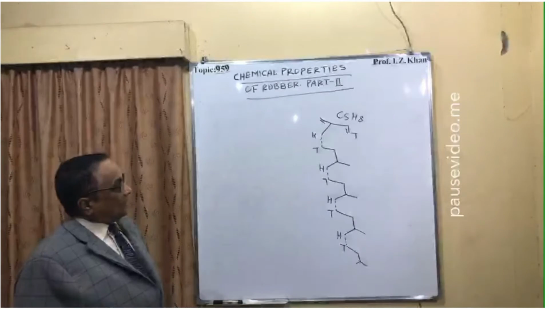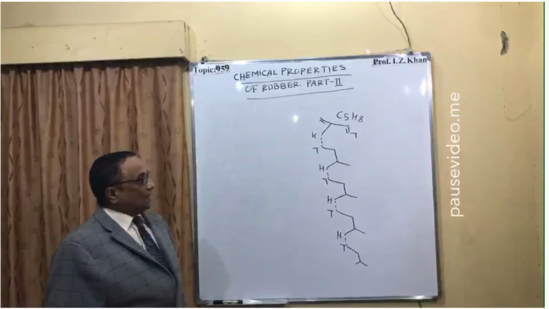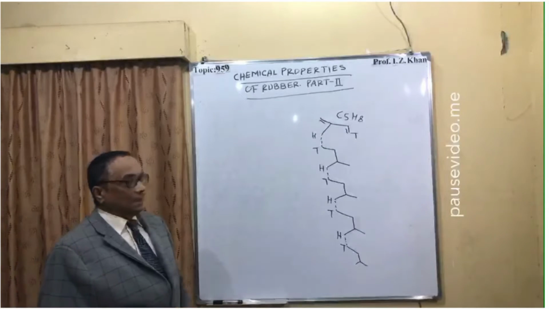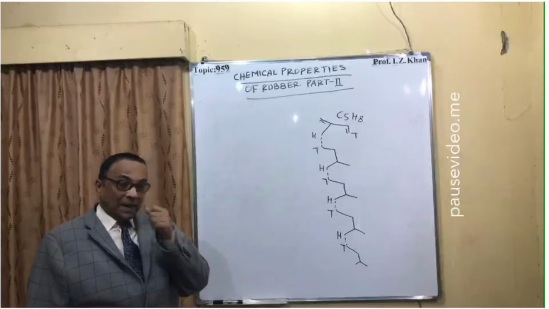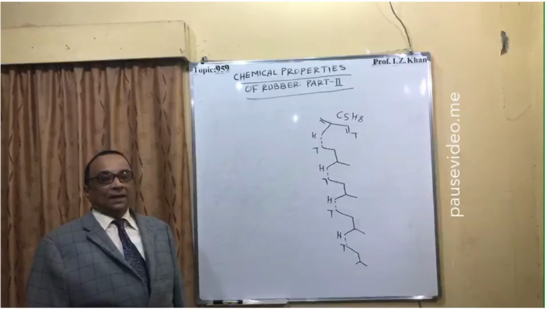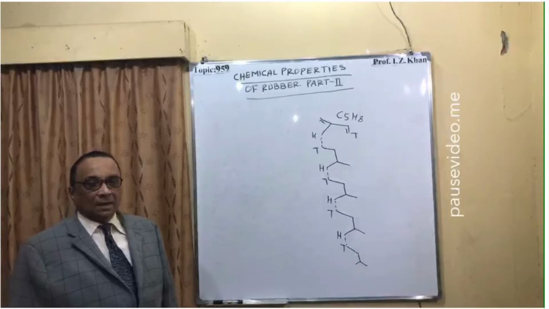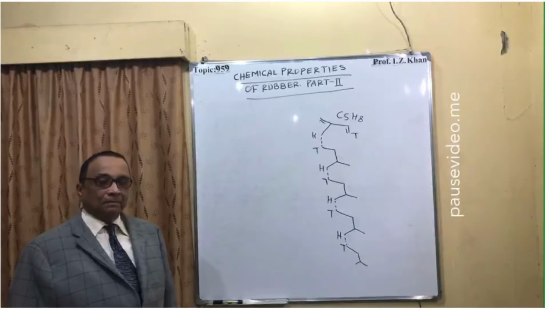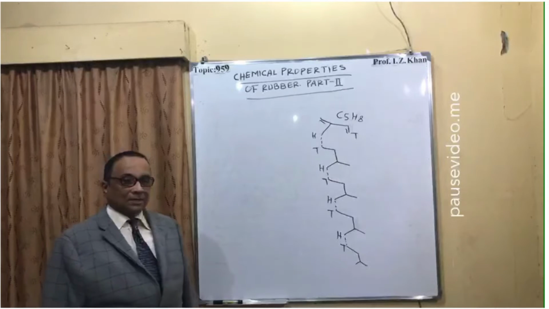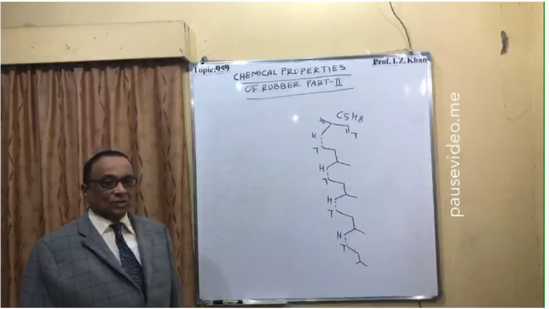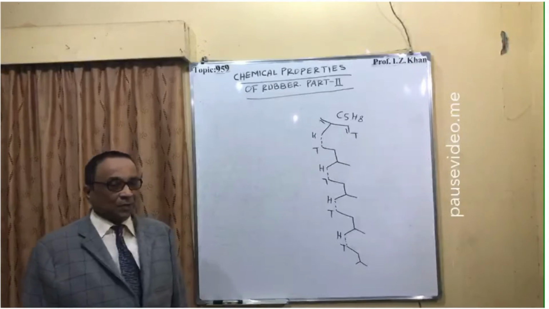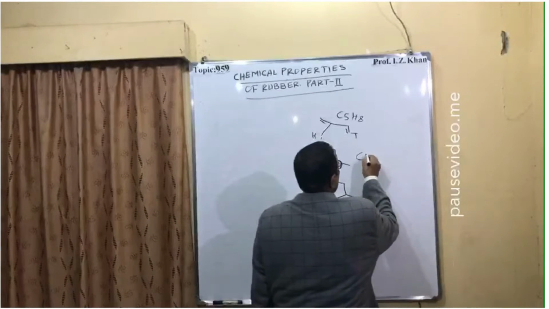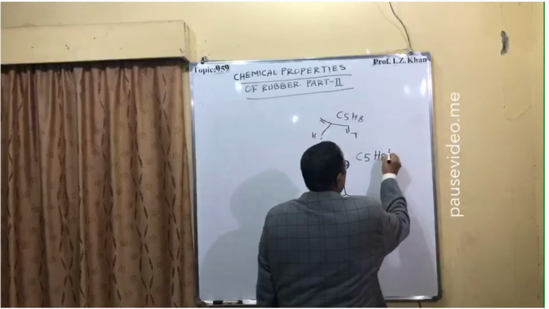In 1905, the scientist treated this rubber with ozone. The rubber was dissolved in chloroform, and then some 6% ozone was introduced into it, and ozonolysis took place, and they got the product C5H8O3.